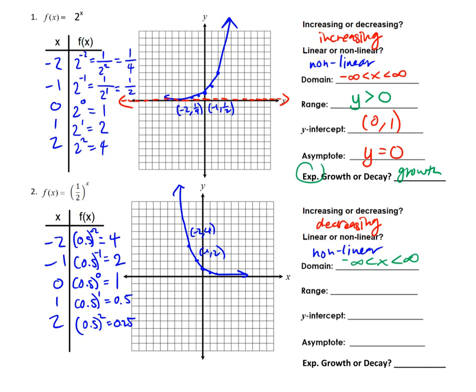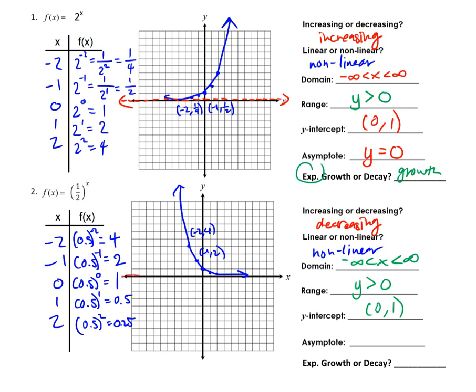We have the range, which goes off what I showed you earlier, right? This graph doesn't go beyond here. It stops at that point. So it's going to be everything above that. So the range is going to be y values that are greater than 0. The y-intercept is where it crosses the y-axis: 0, 1.